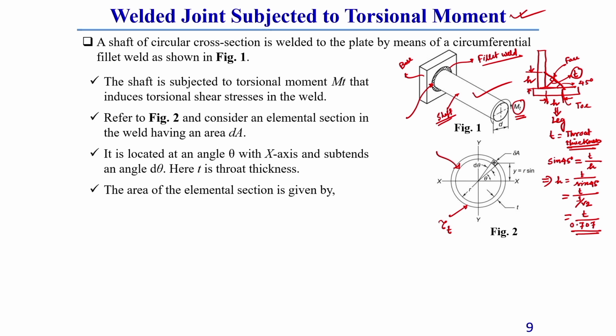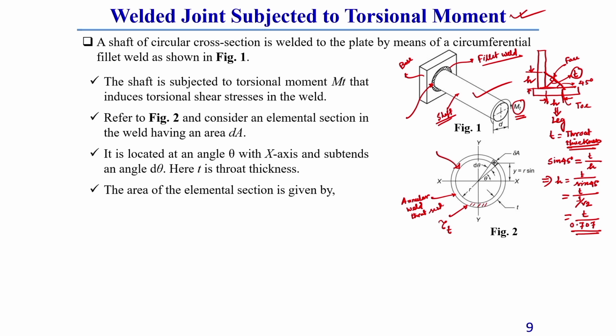This torsional shear stress comes because this is the throat cross section flat area I have drawn here, which goes around the shaft. You see, around the shaft, that is why you can say this is an annular weld section, or annular weld throat section.